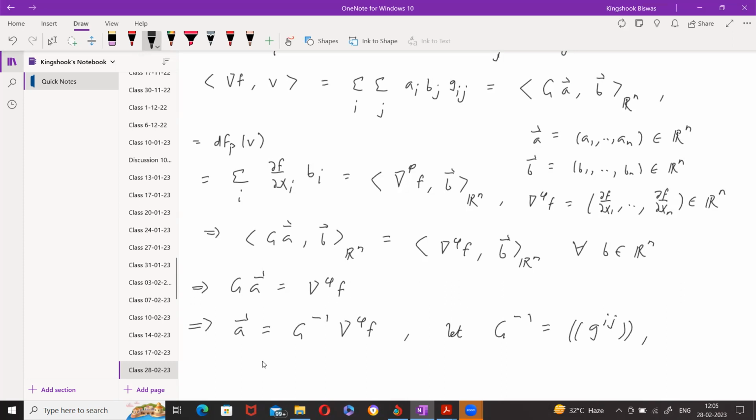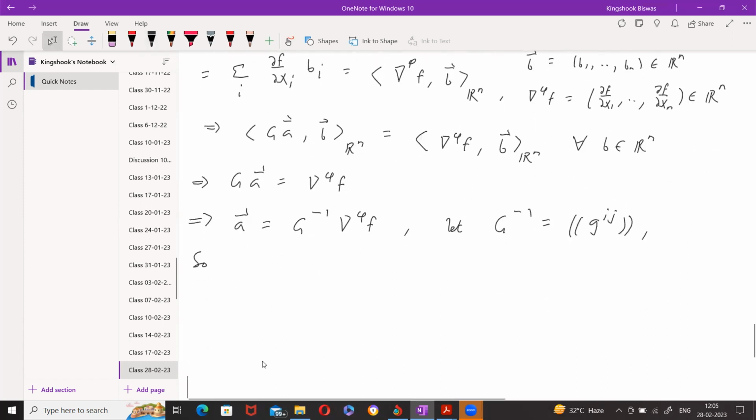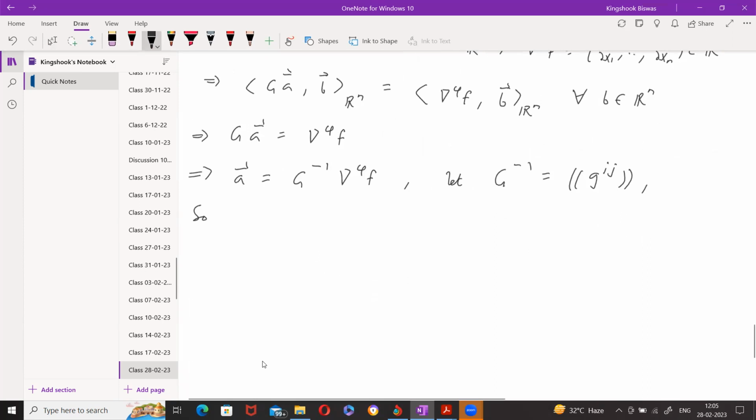Then grad f, which we were writing in terms of this vector A as the sum over i of ai del del xi, where ai is given by the components of G inverse grad phi f.